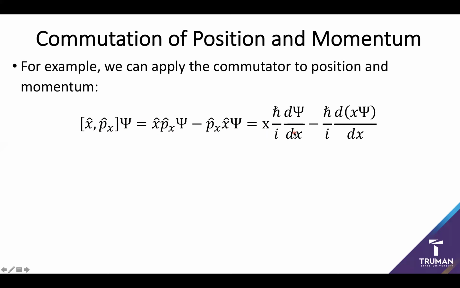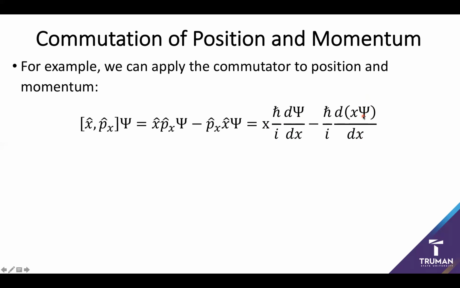I just have the derivative of psi with respect to x. The i-hbar should pop out front because it's a constant and I'm not taking the derivative of it, so it's nice. The second one gets a little bit messier because here I'm now taking the derivative of x times psi. But by the very definition of the system, psi should have an x dependency.